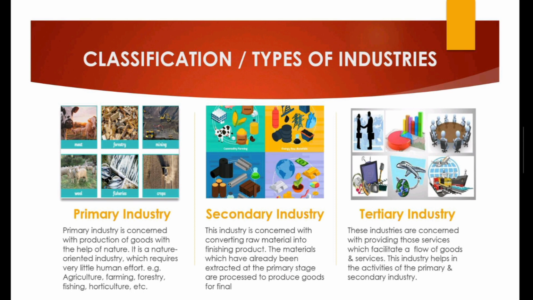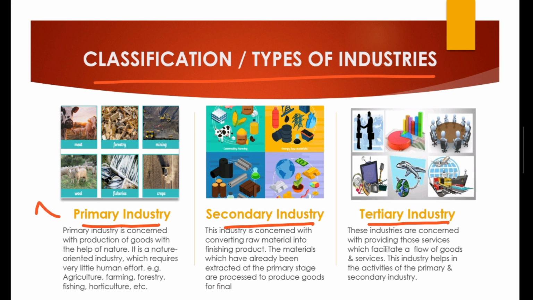Again, there are three types of industries: primary, secondary and tertiary industry. In primary industries, the production of goods and services takes place with the help of nature. It is a nature oriented industry.